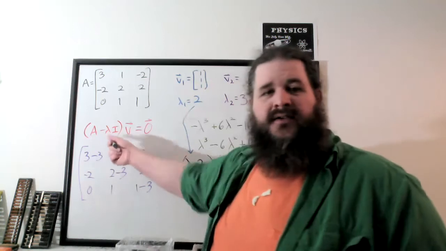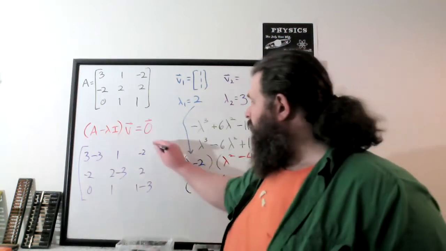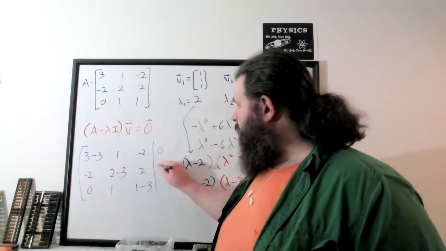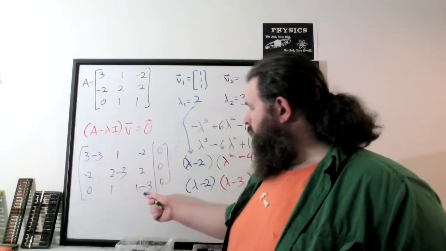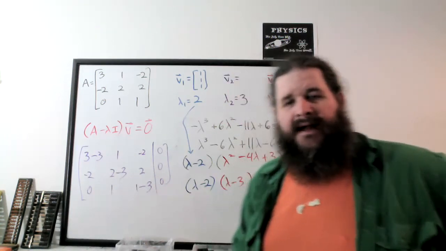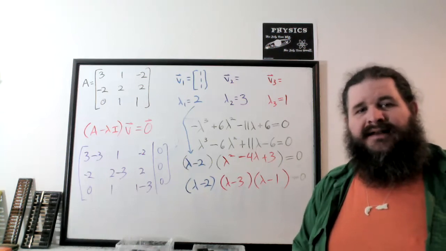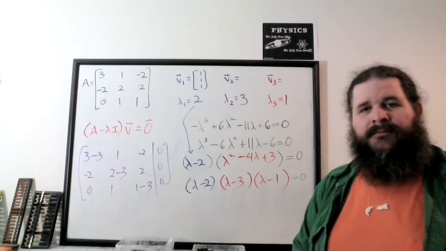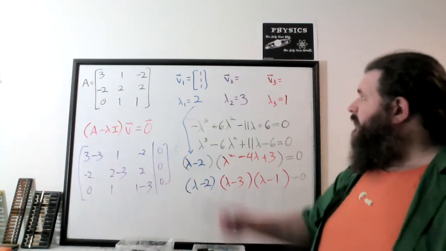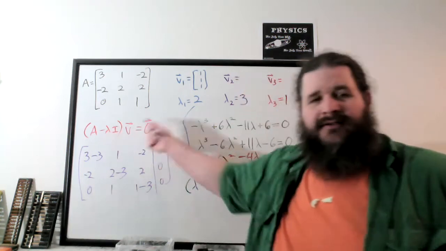And then since we're trying to solve a system of equations, essentially we're finding the null space of A minus lambda I, you'd augment that with the 0 vector. Simplify, so you just get 0, -1, -2. Row reduce that, and you should end up with infinitely many solutions. But all we really need is a basis for that solution space, a basis for the null space of A minus lambda I. So you should end up with a vector that makes A minus lambda I times that vector equals 0.